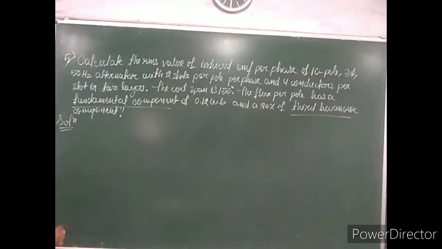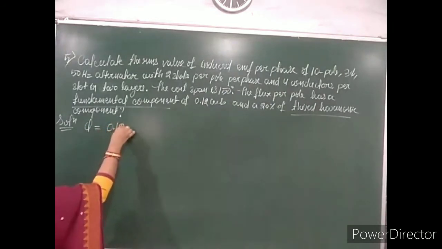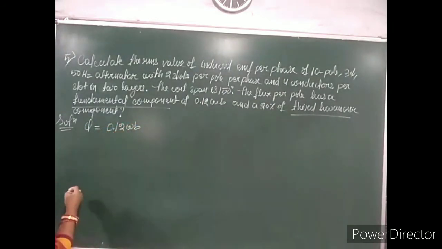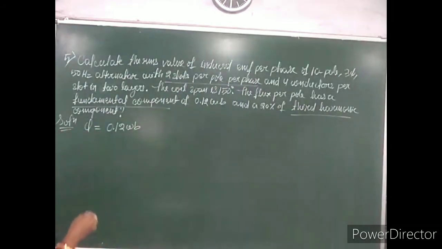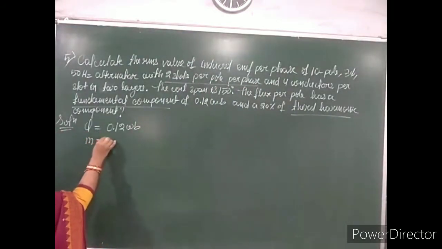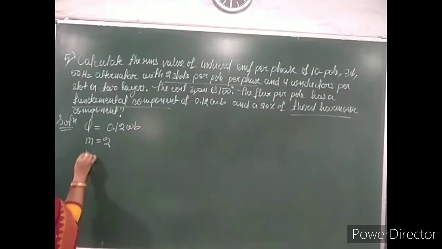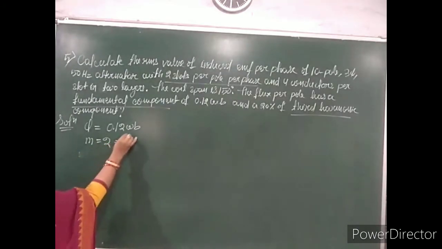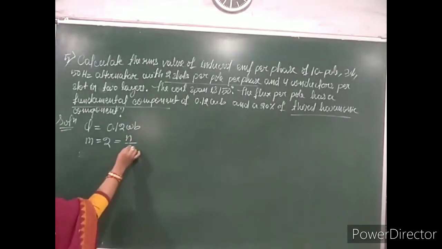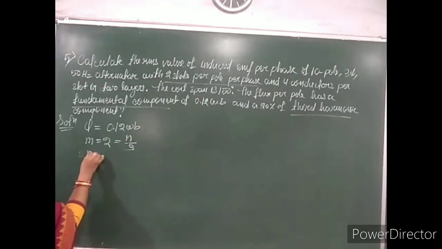So first, flux per pole is 0.12 Weber, it is given. Number of slots per pole per phase is given as m equal to 2. So what is n? You know that m is equal to n by 3. So n is equal to 9 here.